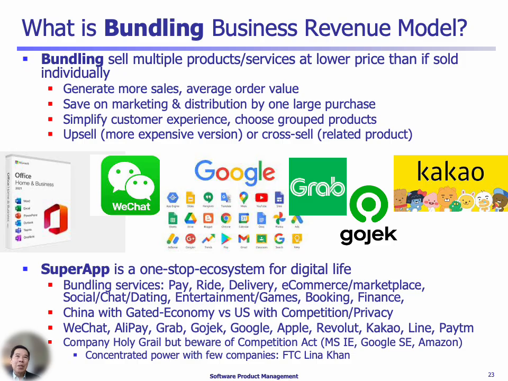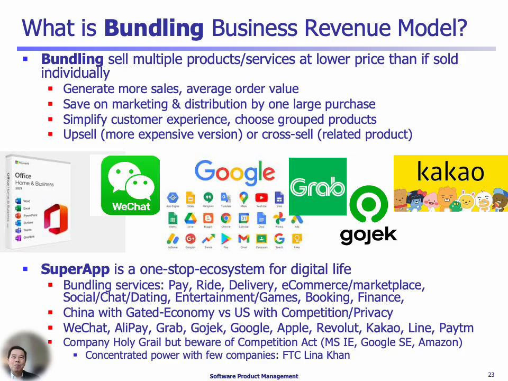This can be cheaper than upselling, which can be very expensive, and also cross-selling. We can see a lot of this in Microsoft Office, Google products, Kakao and so on. And you reach a holy grail scale we call the super app.